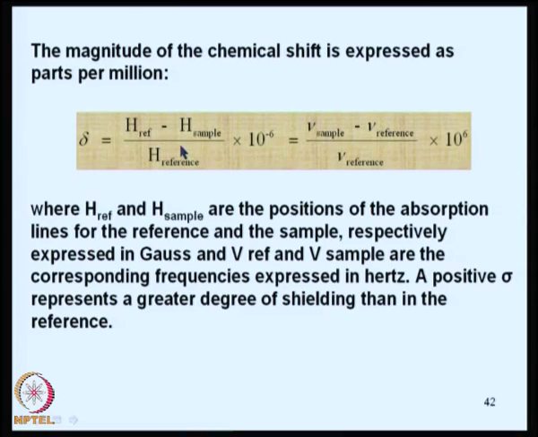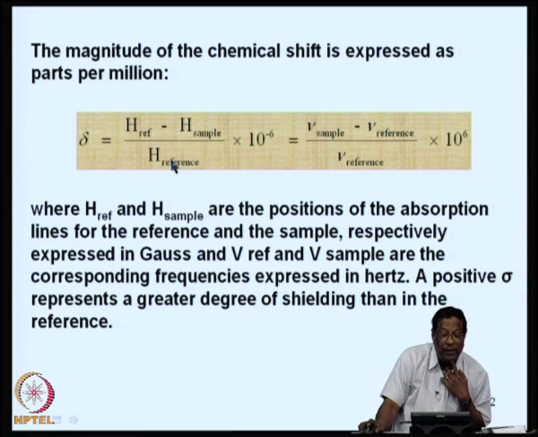So, the magnitude of the chemical shift is expressed by a simple equation like this: delta is equal to H reference minus H sample by H reference multiplied by 10 raised to 6, that is for the applied field, which is almost equivalent to V reference minus V sample by V reference, multiplied by 10 raised to 6.